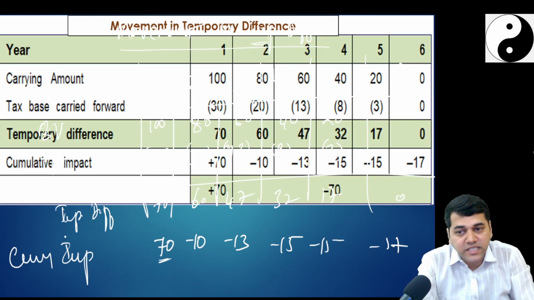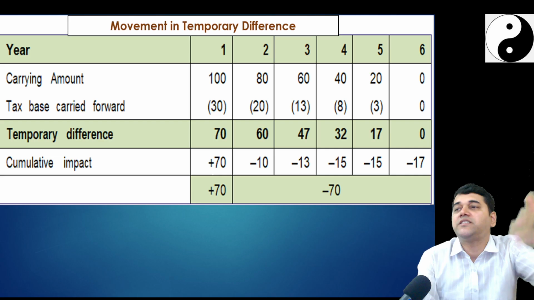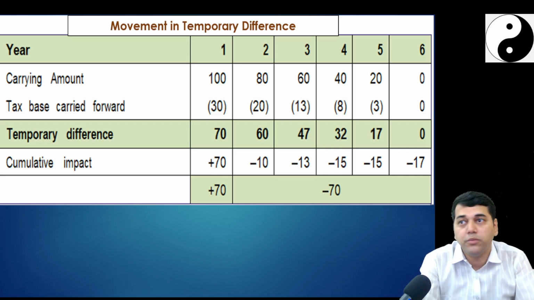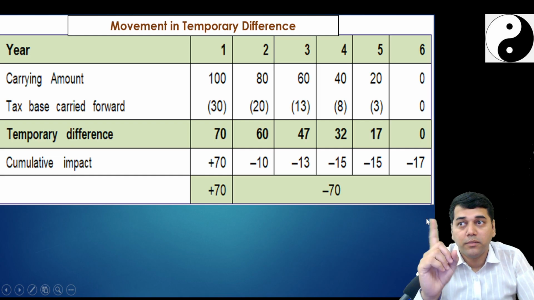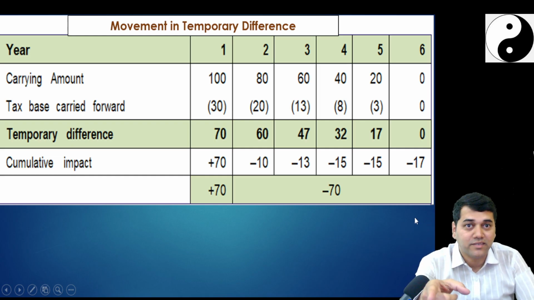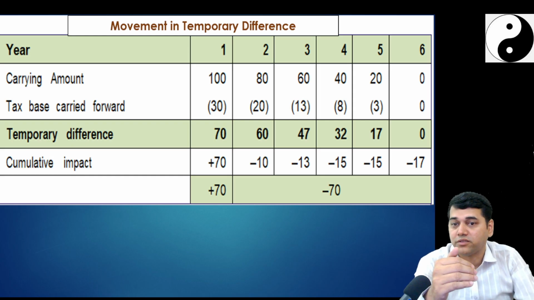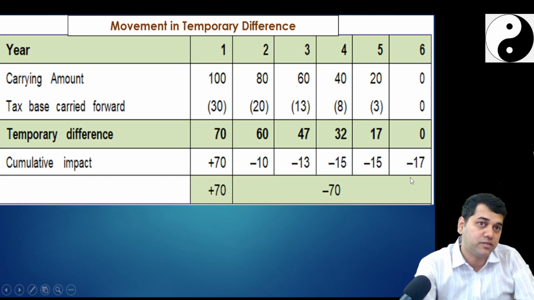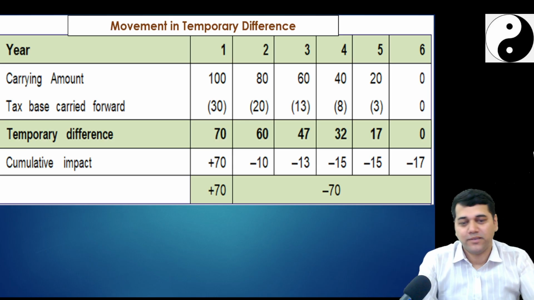So the first year's temporary difference of 70 got reversed subsequently, cumulatively minus 70. You remember that 9,000 and 4,000 example I was telling you? It's something like this. It is going to get reversed subsequently because of the different rates of depreciation. So this is my movement in temporary difference. Yes, friends, you can pause the video to compute this. Are you clear, students?